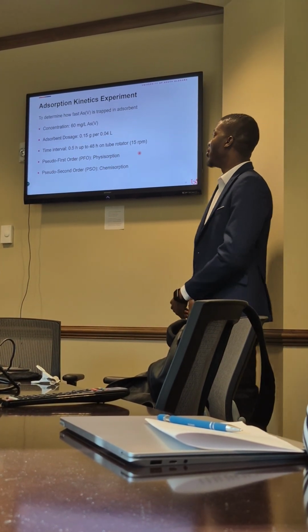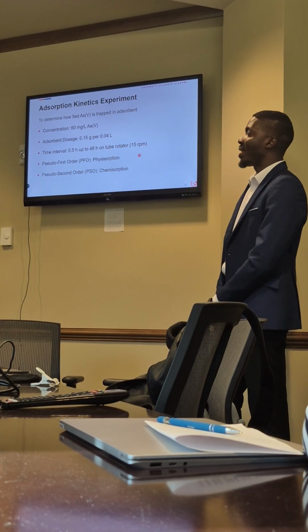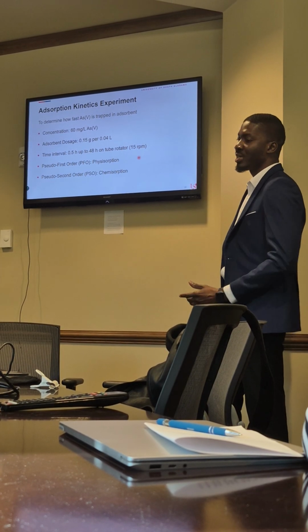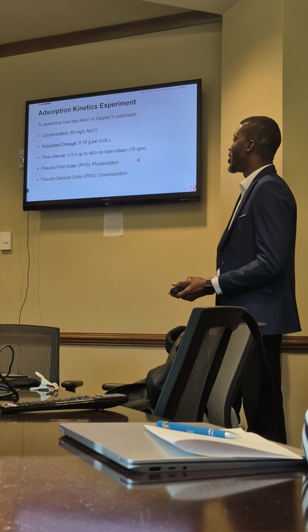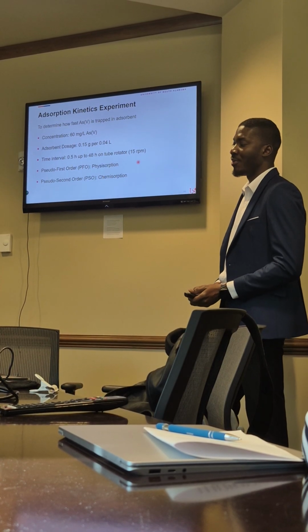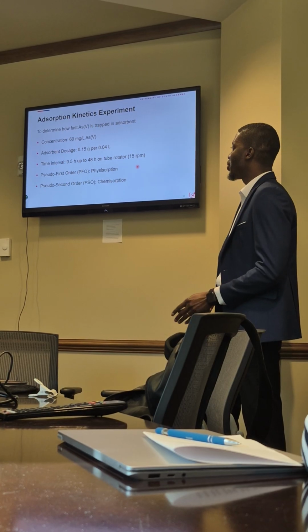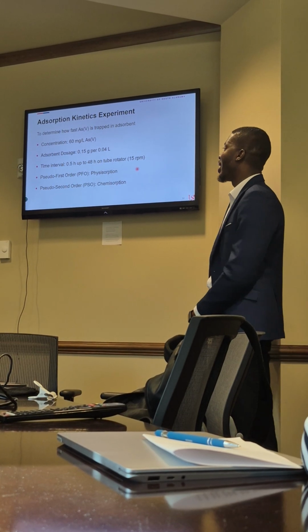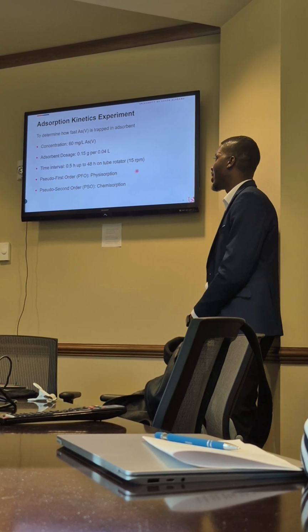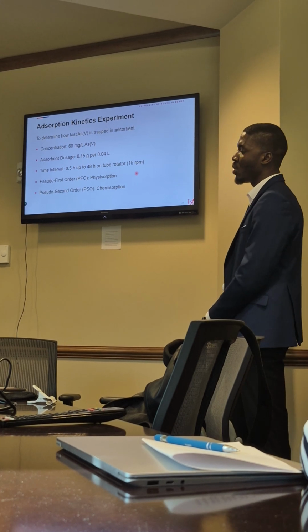So we had a known concentration of arsenate solution. We put our adsorbent in the solution, and we took samples at various time intervals from 30 minutes up to 48 hours. And then once we were done with that, we had two kinetic models, the pseudo first order and the pseudo second order, to do our modeling.